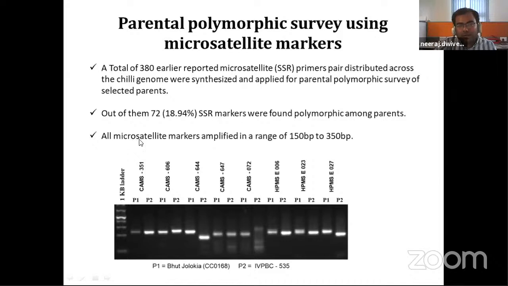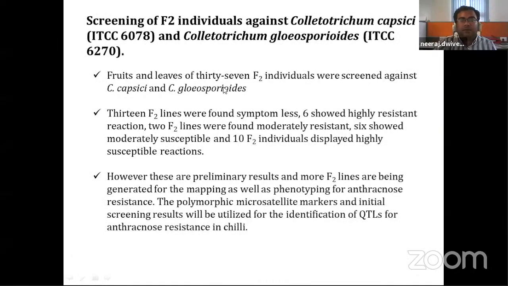All microsatellite markers amplified in the range of 150 base pairs to 350 base pairs. Actually, the F2 seeds have a very low germination percentage because the outer seed coat is very hard, and we are doing interventions to raise the germination percentage.